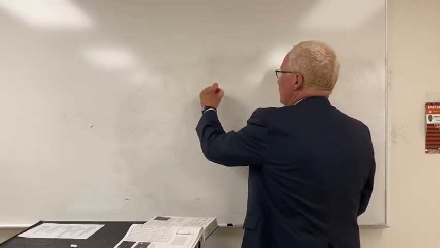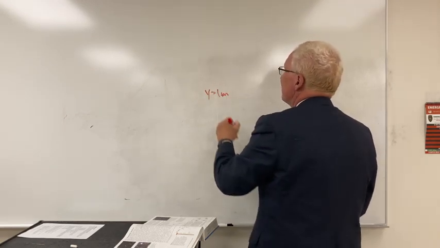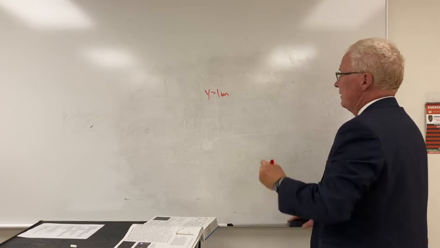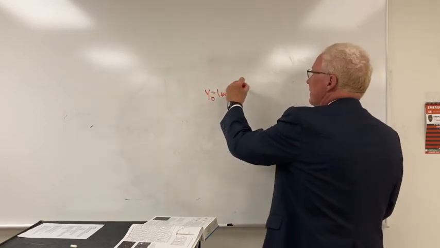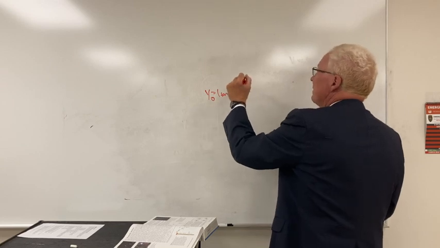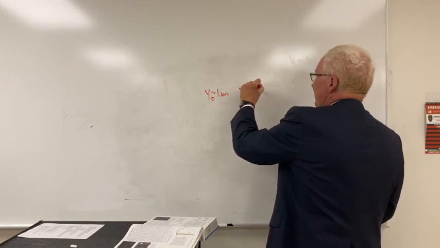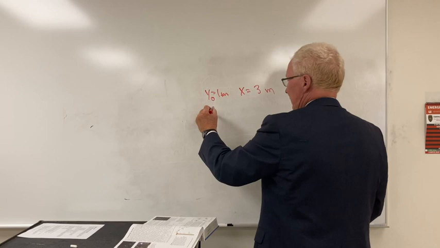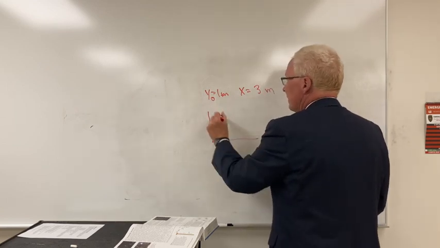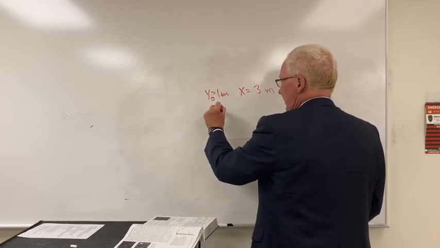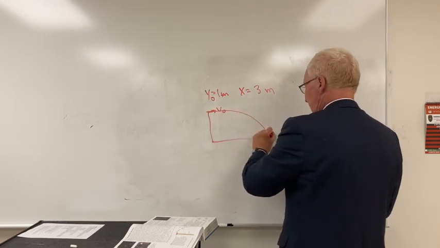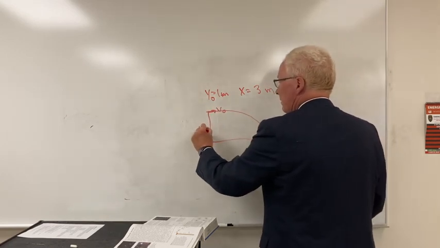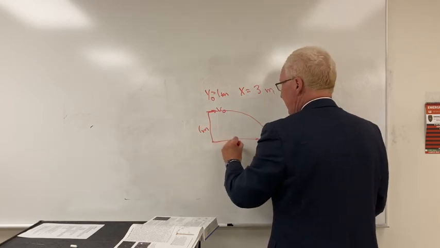So y naught is 1 meter, and we would measure it, and x turned out to be approximately, say, 3 meters. So we launch and we go out, fall 1 meter, and land 3 meters away.